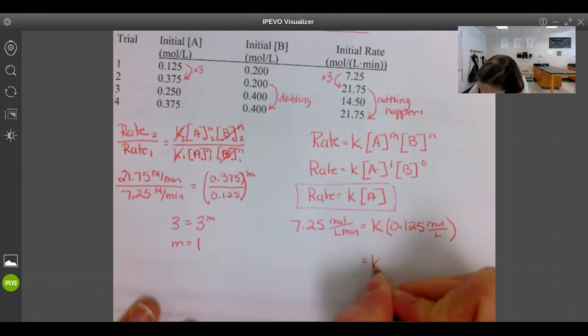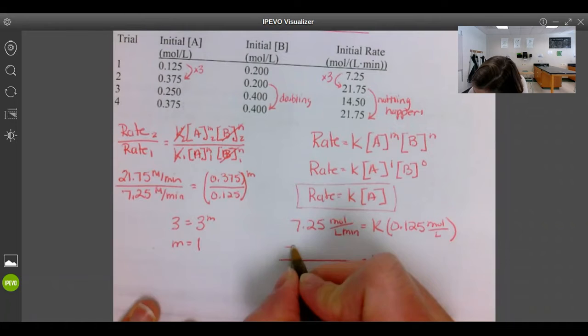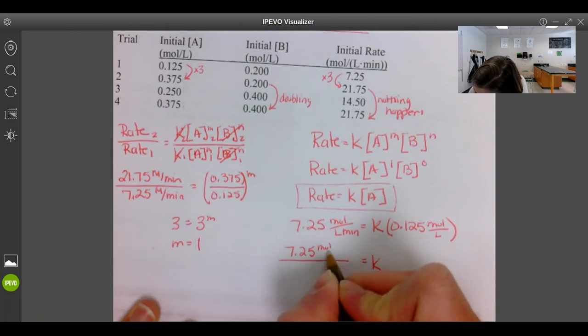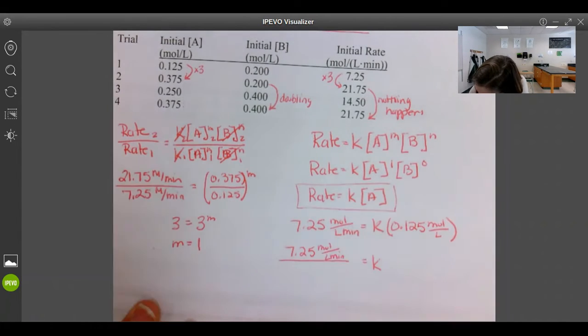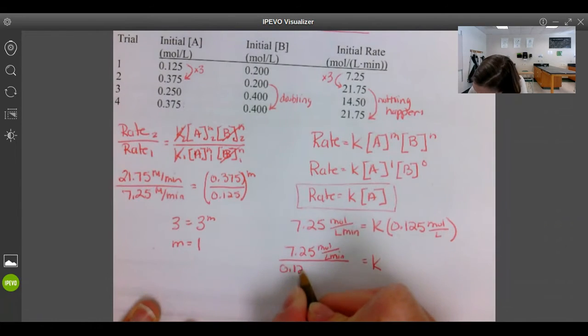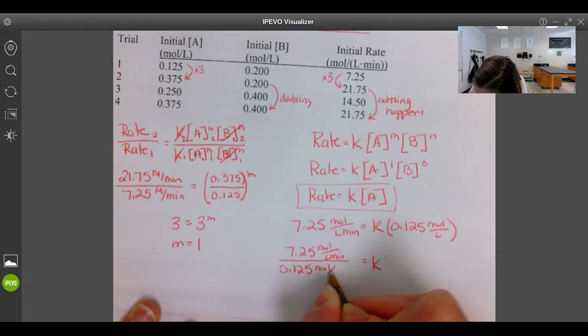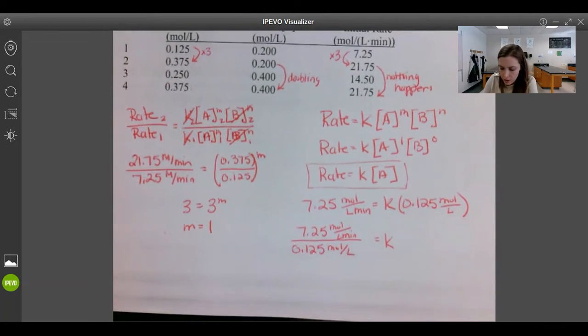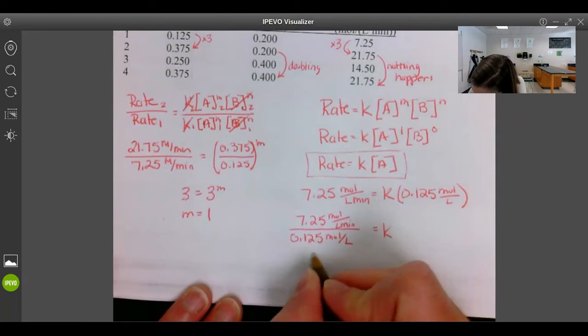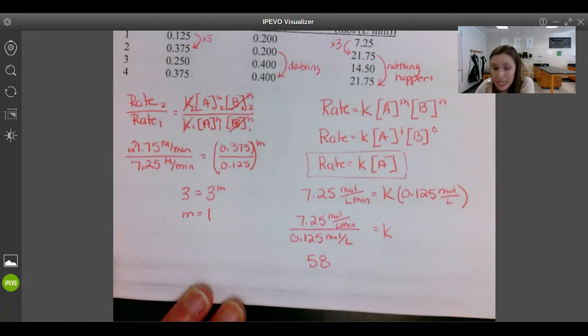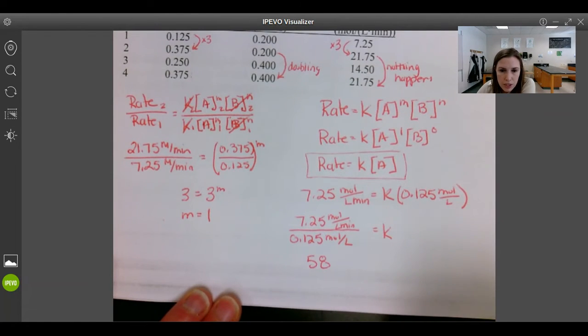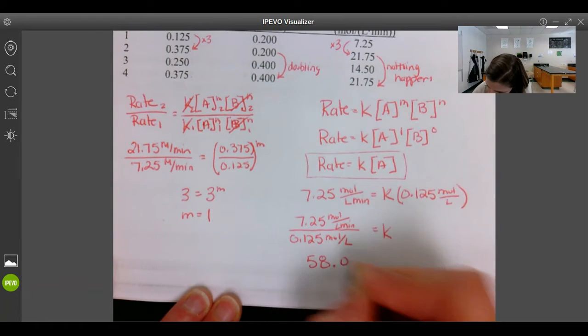Okay, when I then rearrange it, I would have my 7.25 mole per liter minute, and then 0.125 mole per liter. So if I do 7.25 divided by 0.125, I get my value of 58, which based on my 3 sig figs for both of those, I'm going to make it 58.0.